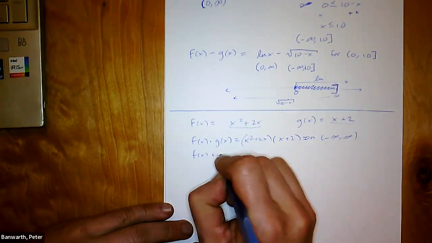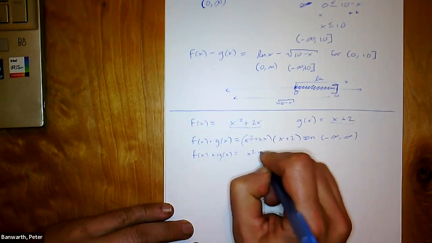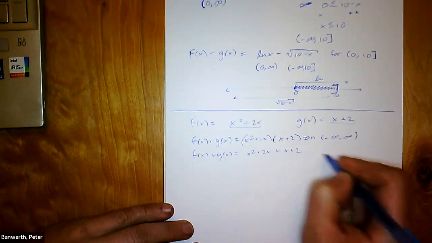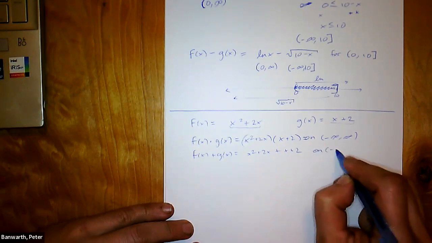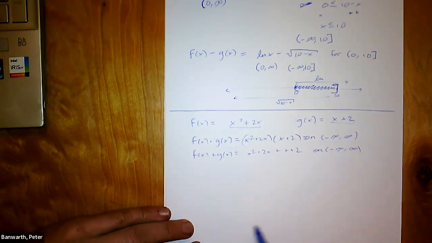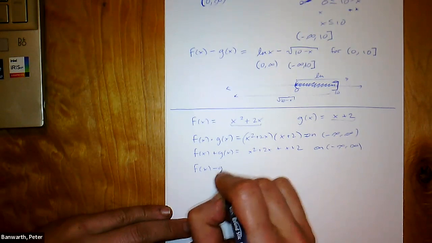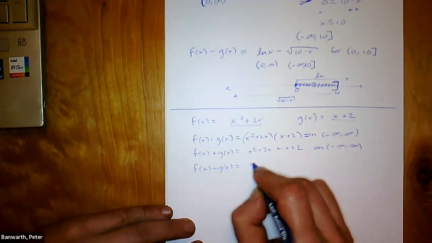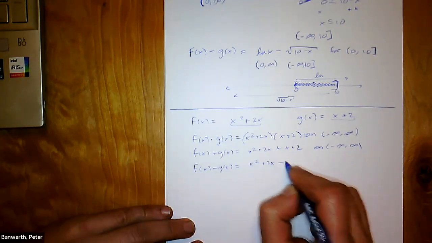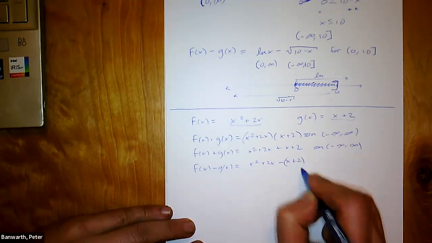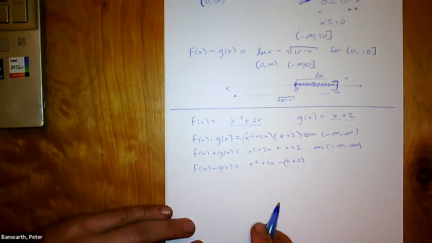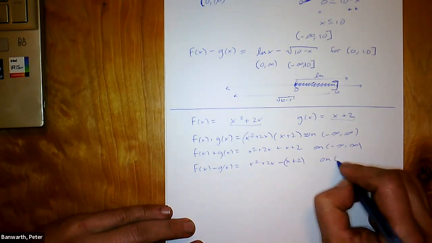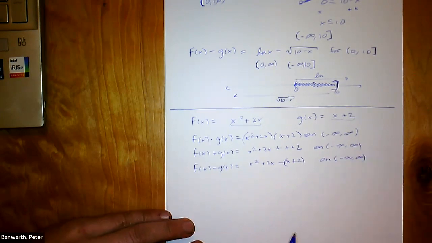F of x plus g of x is x squared plus 2x plus x plus 2. Again, this is on all real numbers. F of x minus g of x is x squared plus 2x minus x plus 2 as a quantity. That's something you need to make sure you're checking. And that's going to work on all real numbers.